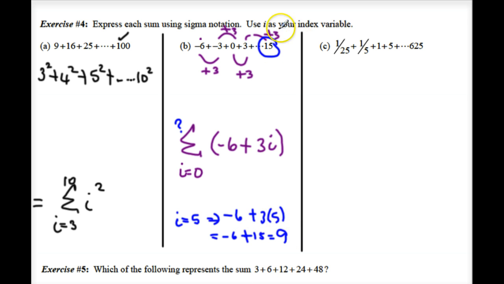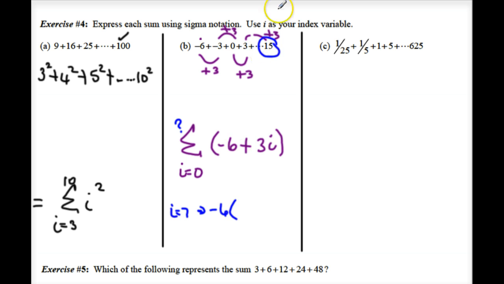That's not where I want to be. I want to be at 15. So you know it needs to be higher than 5. Let's try, I don't know, let's say 7. i is equal to 7. So this is -6 plus 3 times 7.